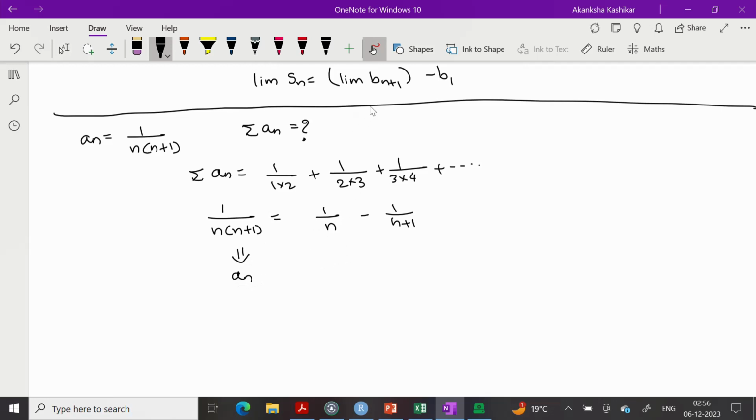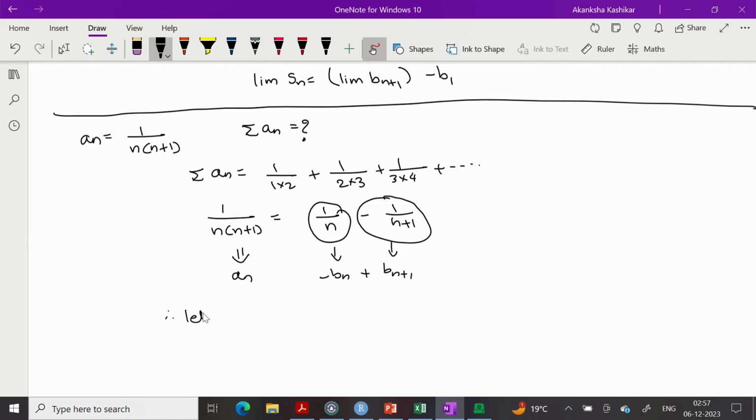And my telescoping series notation says that I should have an as bn plus 1 minus bn. So I can define bn plus 1 as this quantity, then this becomes minus bn, and this is what I want, bn plus 1 minus bn.